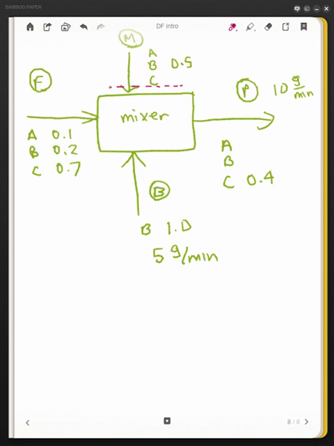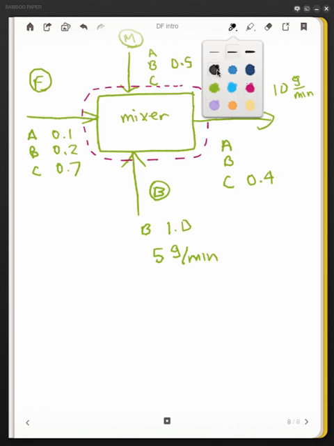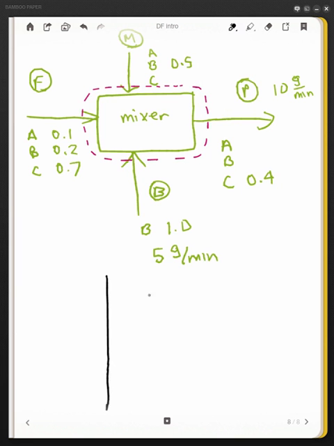Let's go ahead and put our system boundary around there. And then let's go down here. So this would be a real pain, to be honest, to write all the equations out and count them all up. And so we're going to use the system that I just taught you before to very quickly figure out the degree of freedom.